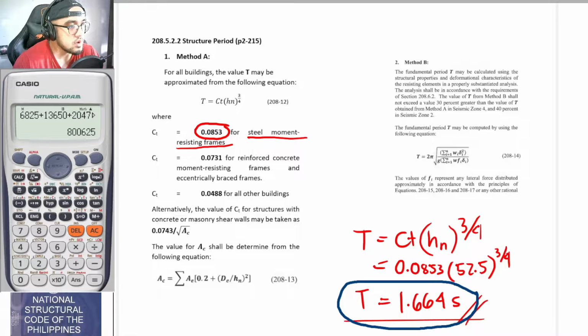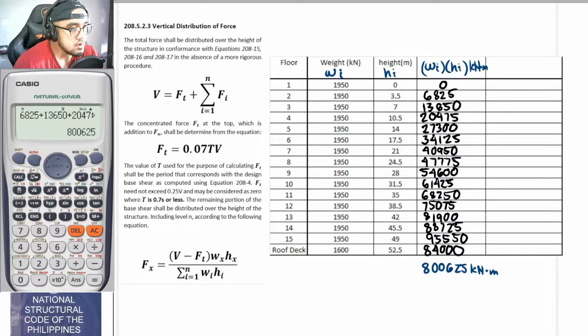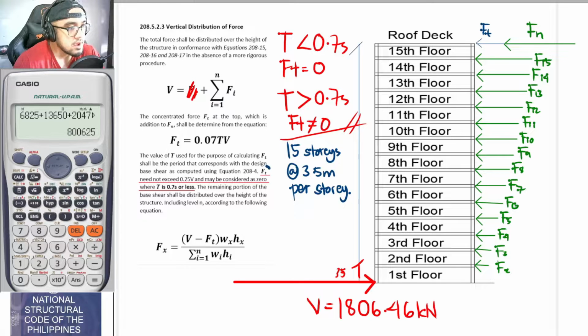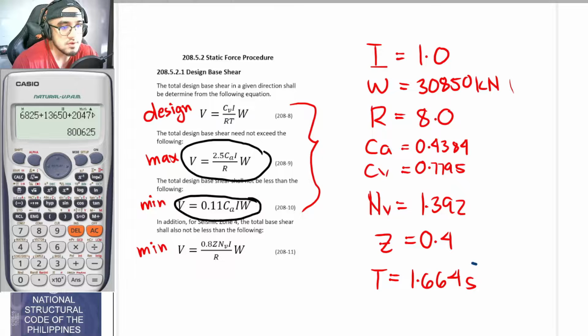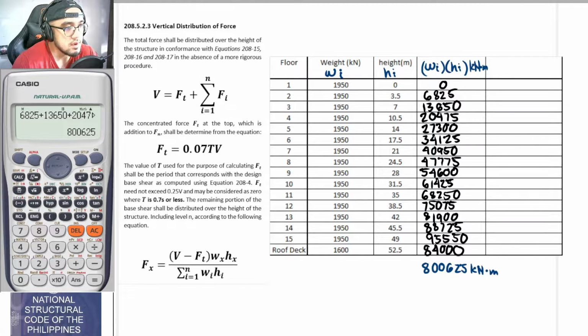And thus, going back to our parameters here, FT need not exceed 0.25 base shear and may be considered as 0 where T is 0.7 seconds or less. And since our period, which is 1.664, is greater than 0.7, it means that we must solve for the value of FT first.